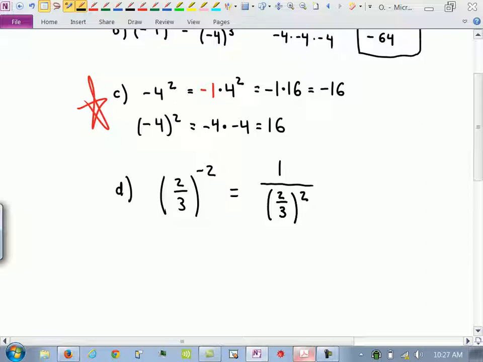What does 2/3 squared mean? Isn't that 2/3 times 2/3? And that, don't you just multiply straight across? And you get 4/9.